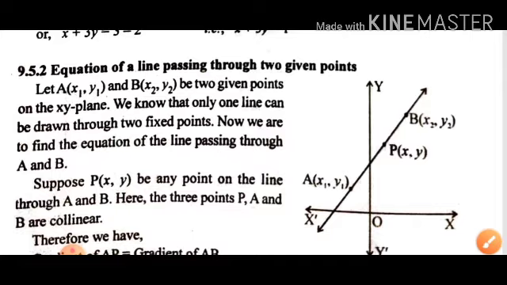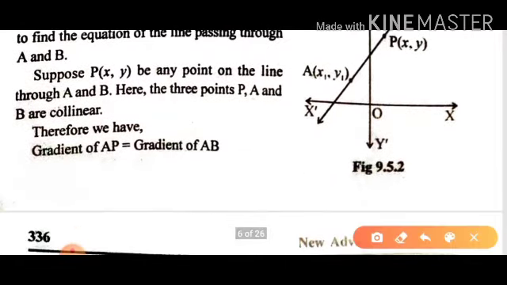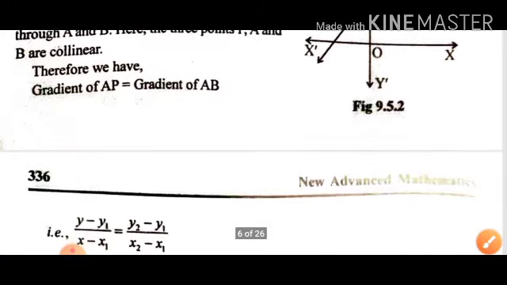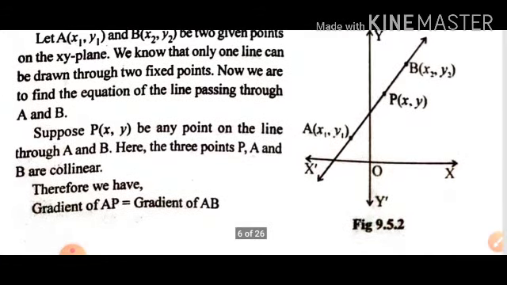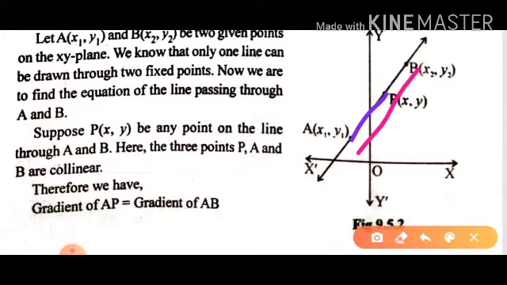We know how to find the gradient if two points are given. So the gradient of AP is equal to the gradient of AB. You can take AP and PB also, but instead of that we have taken AB and AP.